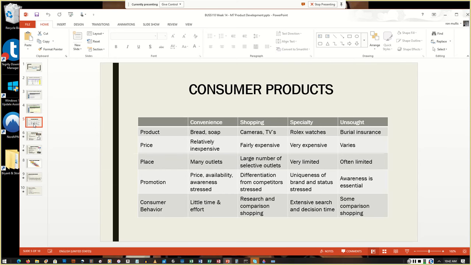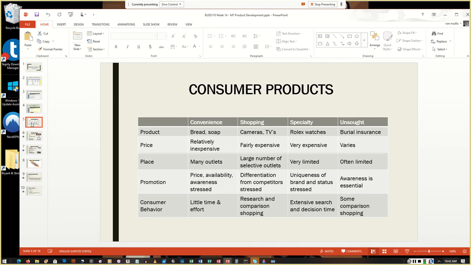The last category we have is the unsought products, and these are products that consumers either don't know about initially or they're not actually looking for. Often the unsought products are not even ones that consumers initially want to buy. An example of that would be something like homeowner's insurance, life insurance, or a fire extinguisher. Again, those are things that consumers aren't really looking for or they don't even know exist at the time.